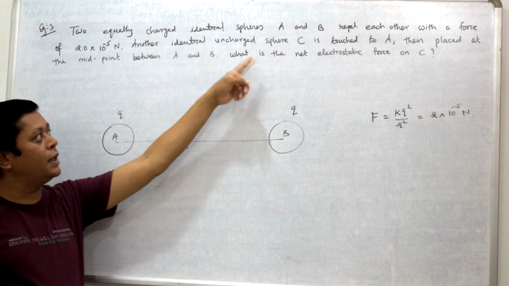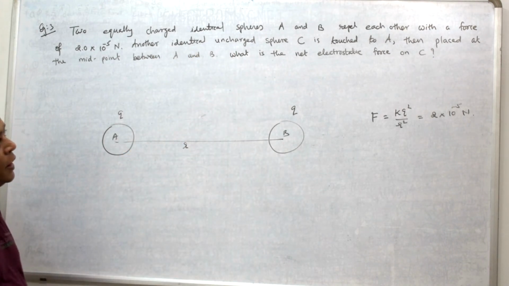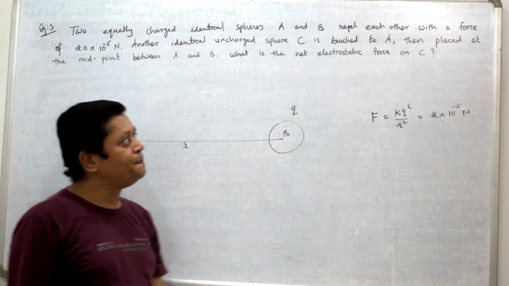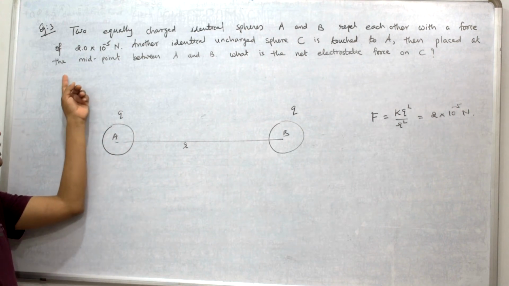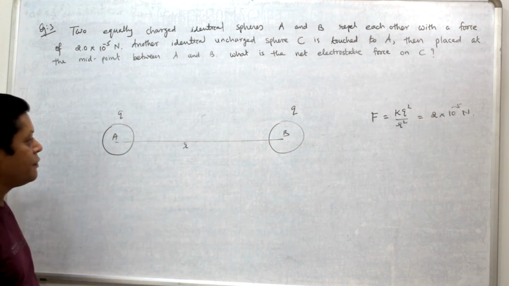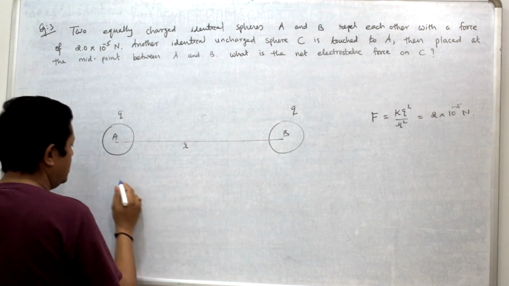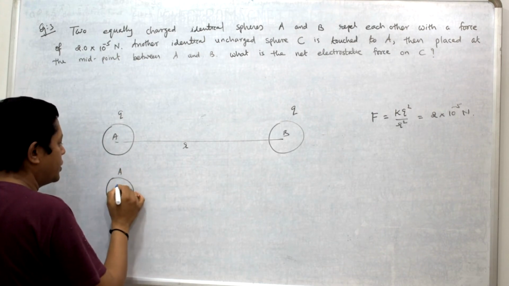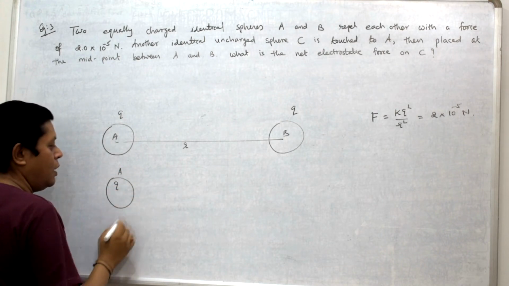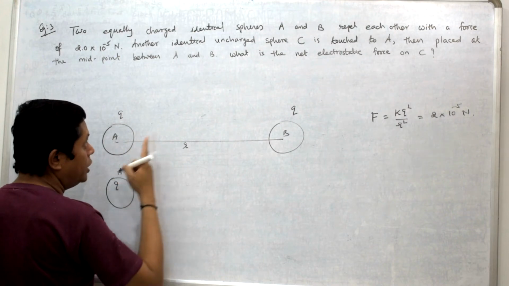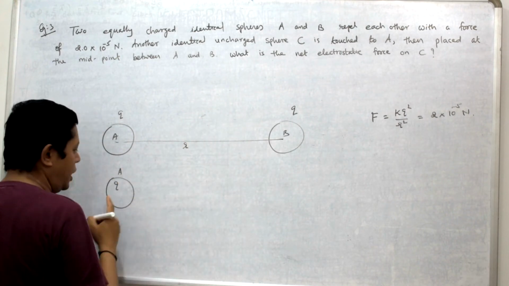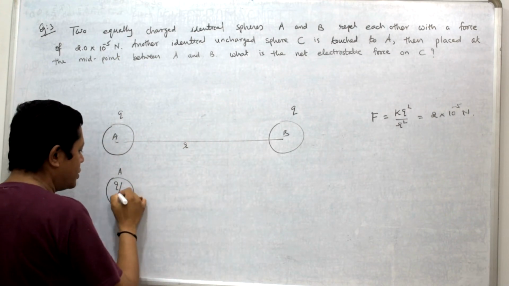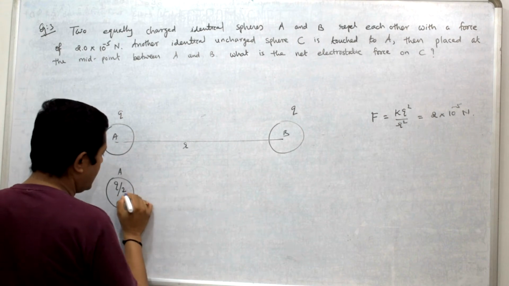Another identical uncharged sphere C is touched to A, then placed at the midpoint between A and B. The charge on A is Q. Now when the identical sphere C is touched to A, the charge becomes Q by 2.